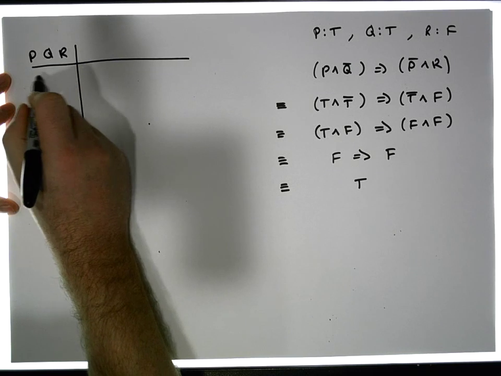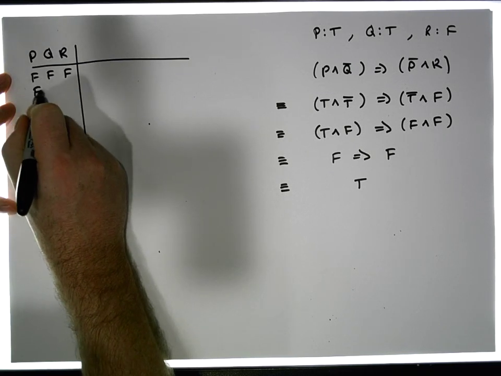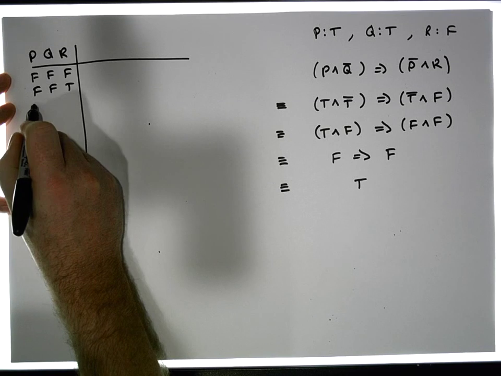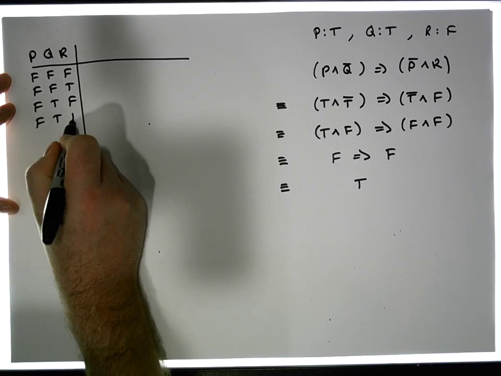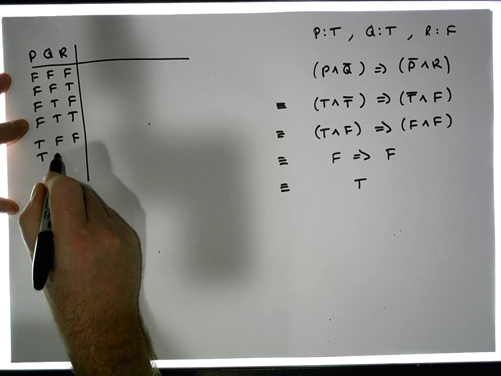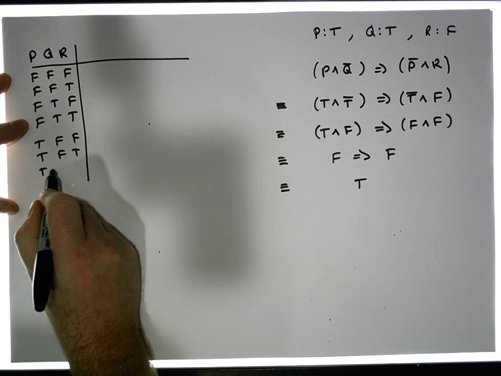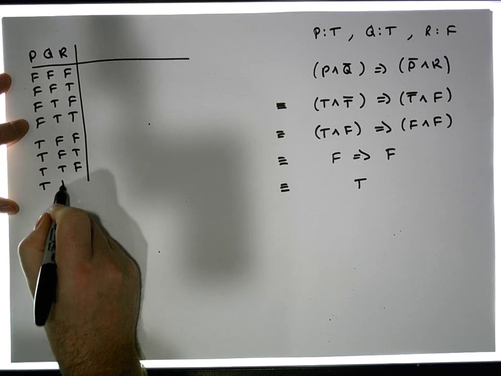We could have, let's say, false, false, false, false, false, true, false, true, false, false, true, true. And then we have true, false, false, true, false, true, true, true, false, and true, true, true.